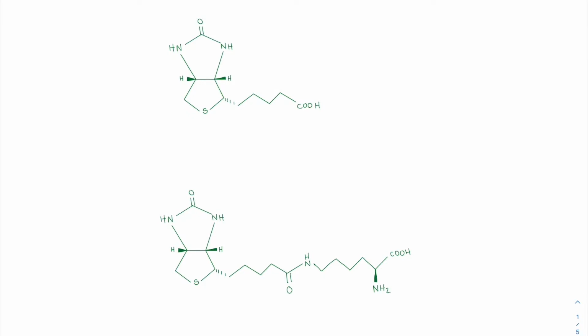All right, first I just want to talk about where we can find biotin. We can find it in cooked egg yolks, nuts, legumes. Interestingly, mammals cannot synthesize it, so we're not going to find it in a whole lot of meats.